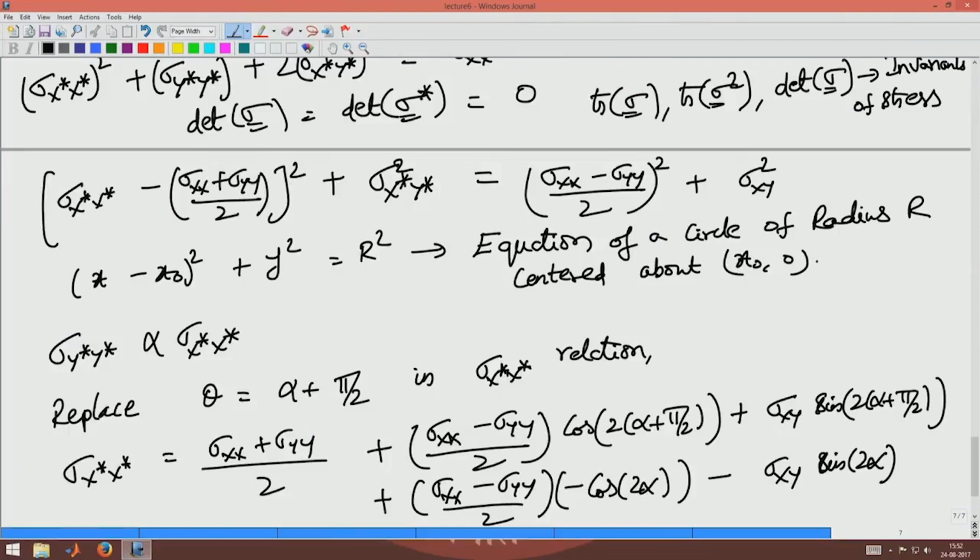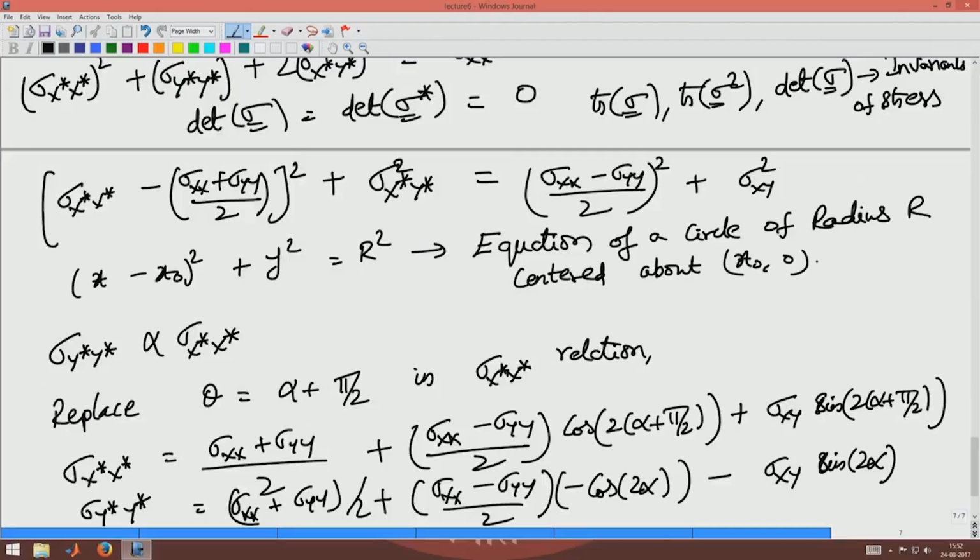So if I replace this, what I get is that sigma x star becomes sigma y star, with theta replaced by alpha in the sigma y star expression. Now let us understand why this is happening in the next class. It will be clear when we draw the Mohr circle equation. When you plot this, it will become clear why this happens. Just observe that this is nothing but sigma y star.